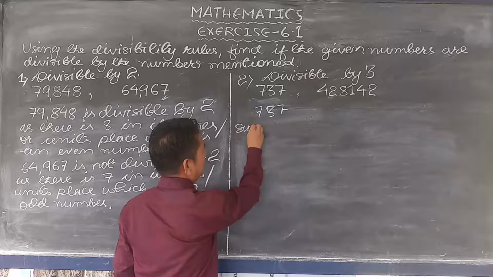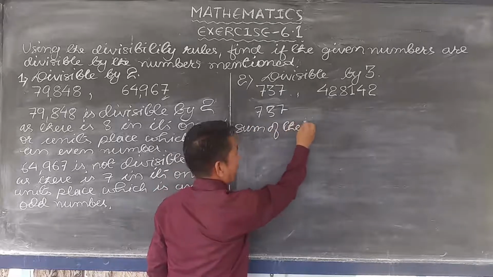737. Sum of the digits. Sum means you have to add.